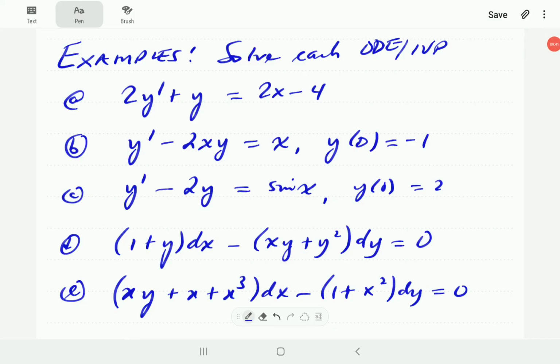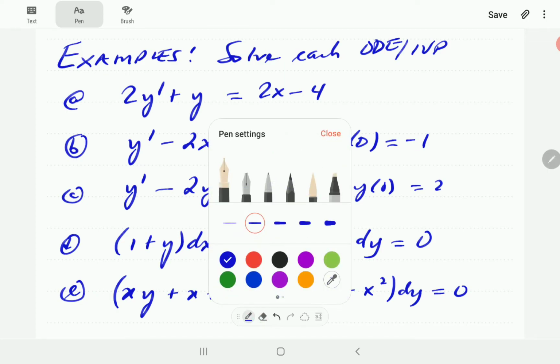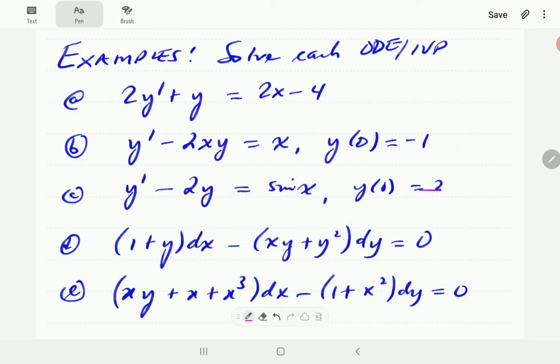All right, so in these examples, we have got ODEs and IVPs. In parts B and C, we've got an initial condition, so these two are IVPs.